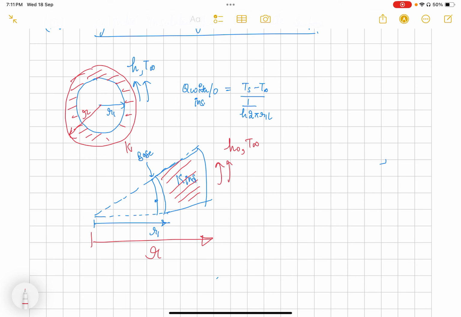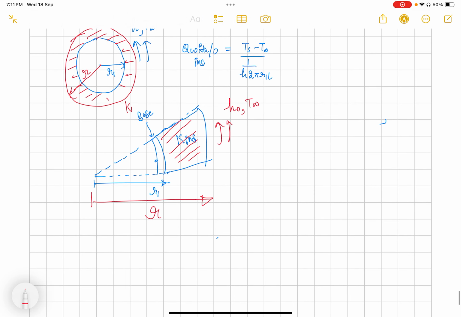So first of all, see what is happening here. Let's write the total resistance. First there will be conduction in the insulation, right?